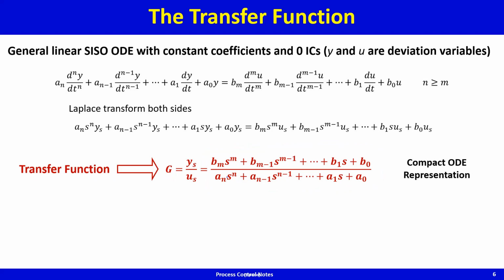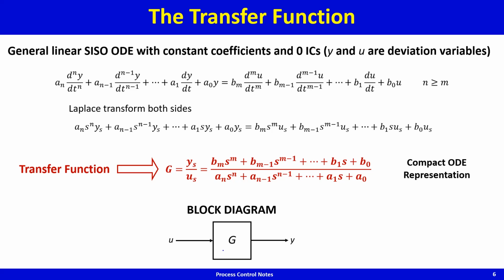It's a very compact representation of the ODE, and we are saying in block diagram format that the transfer function G, which is a compact representation of this complicated ODE, represents the transformation from u to y.